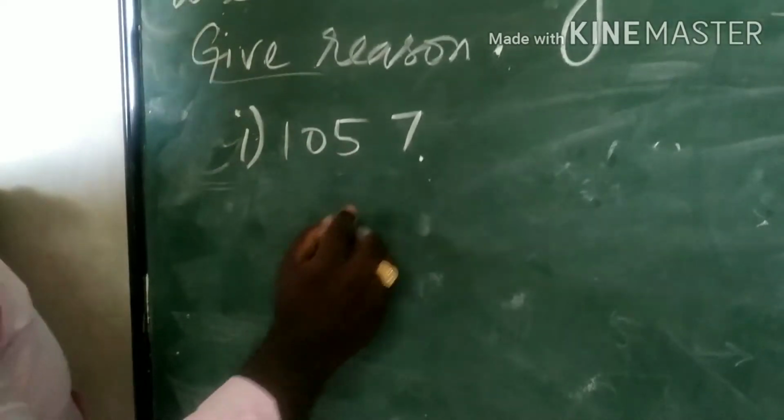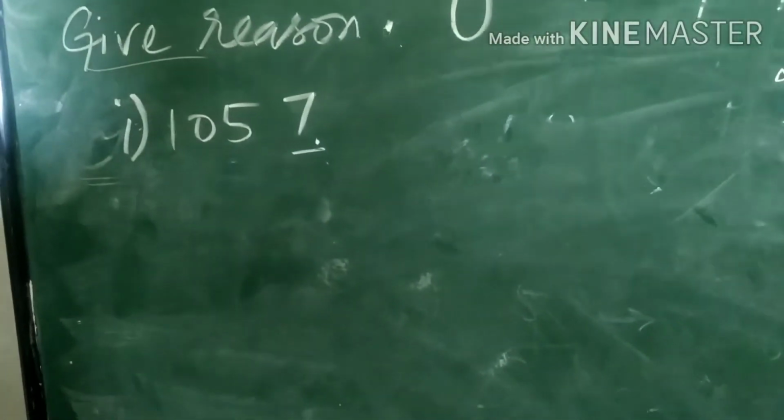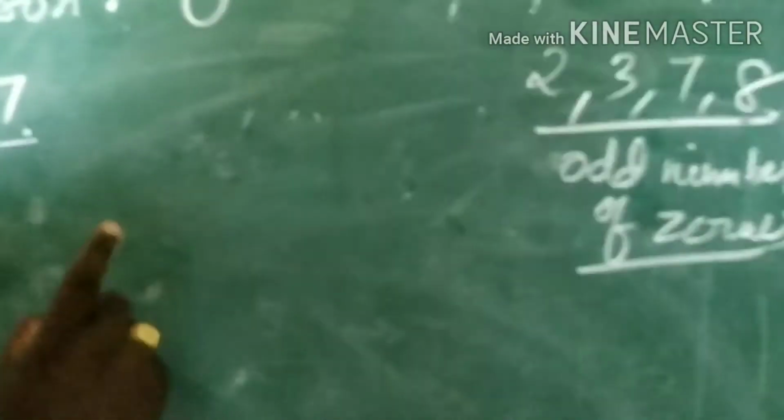Now see the first question, 1057. The unit place value is 7. If 7 exists as a unit digit, it is not a perfect square.